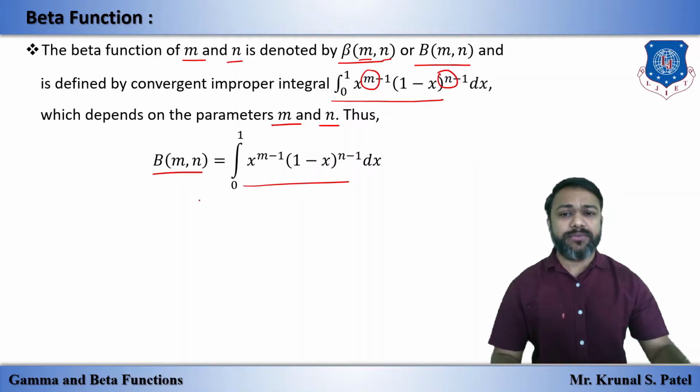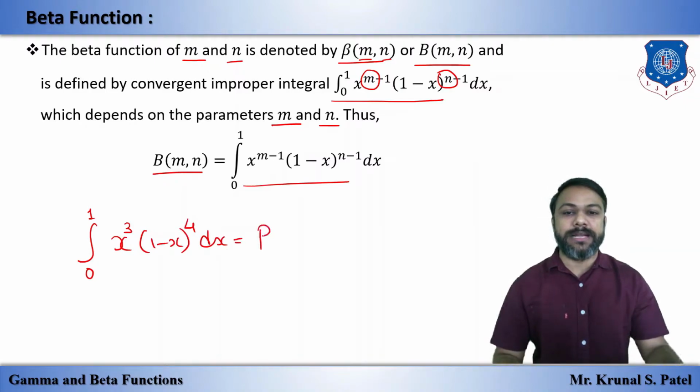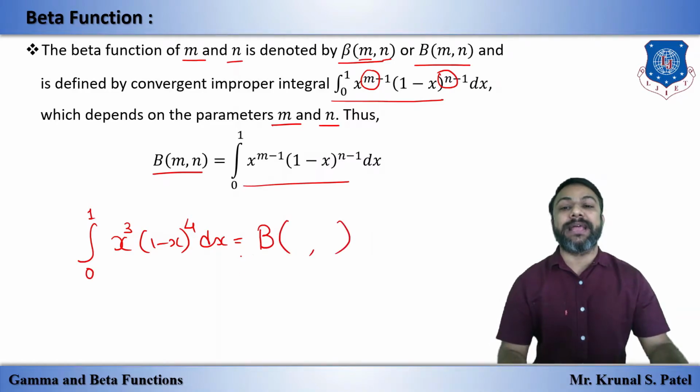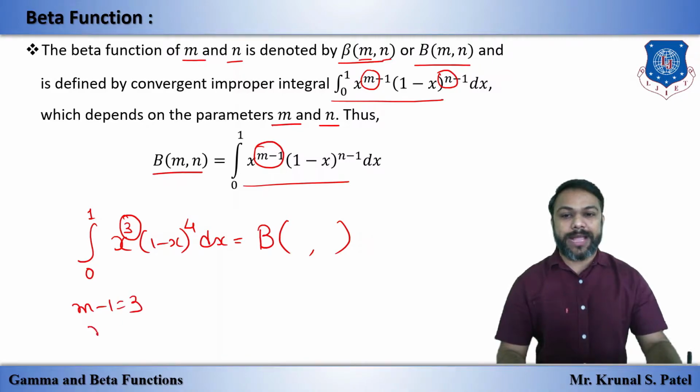Suppose an example is given: integration 0 to 1 x raised to 3 into (1 minus x) raised to 4. What will be the answer? It is beta mn, so what will be m and what will be n? You have to compare 3 with m minus 1. So m minus 1 is equal to 3, so m will be 4, that is 3 plus 1.